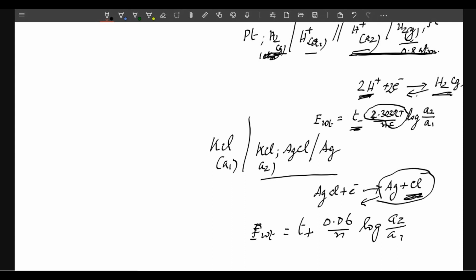And if you remember this, you can easily work out the problems. And one question is already asked, making use of this one, whether the electrode is reversible with respect to anion, irreversible with respect to cation. I will give you this question already asked in the CSIR examination.